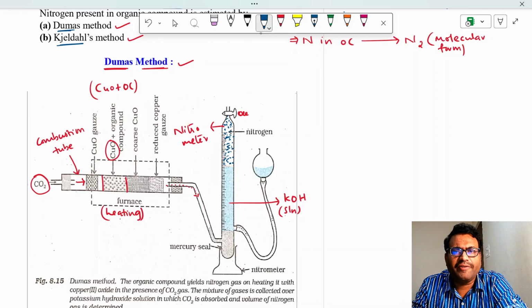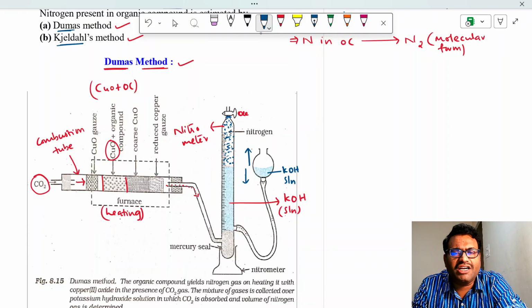There is a flask here, which also contains KOH solution. It is connected to this. Now you can pull up and you can pull down. When you pull up, this KOH solution also is pulled up. It comes up to this valve and is completely filled without any air gap.